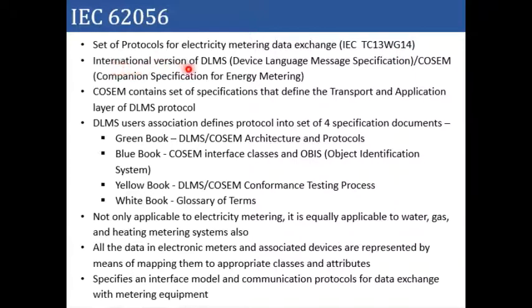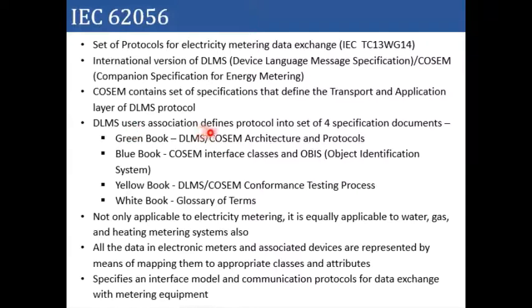Now it is an international version of DLMS, that is Device Language Message Specification, and COSEM, that is Companion Specification for Energy Metering. So COSEM consists of the set of specifications that define the transport and application layer of the DLMS protocol.